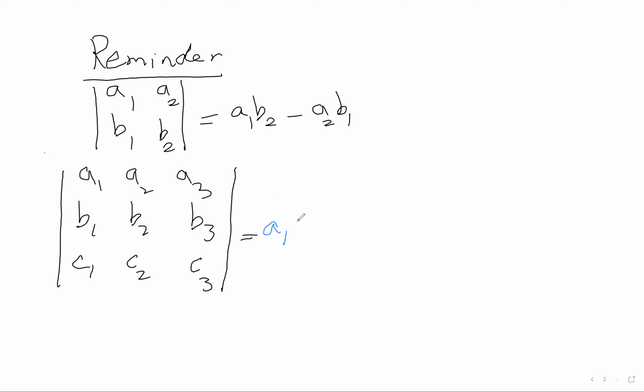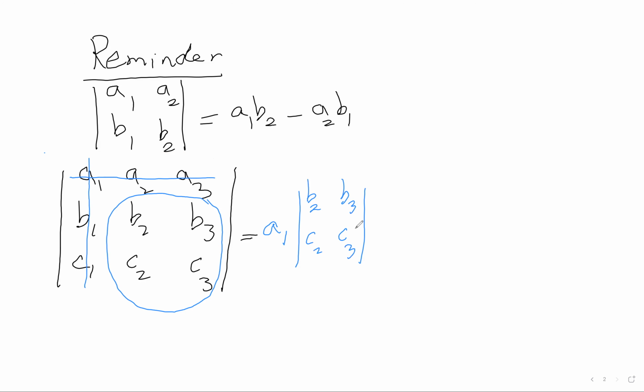A1 is multiplied by the determinant of the 2 by 2 matrix resulting from removing its row and column. A1 is located on the first row and first column. Forget about that and look at the remaining 2 by 2 matrix, B2, B3, C2, C3.